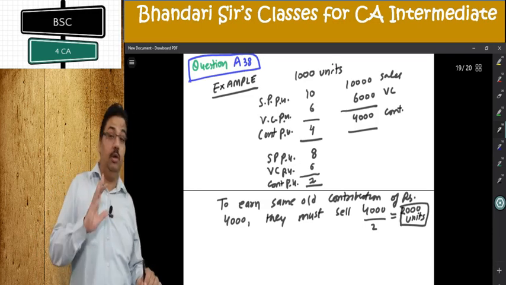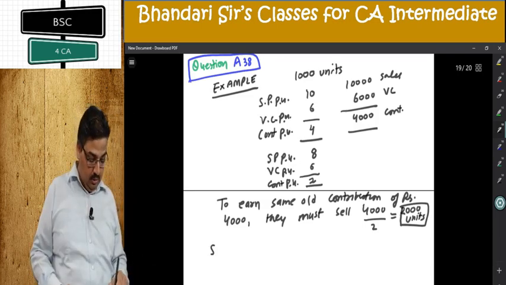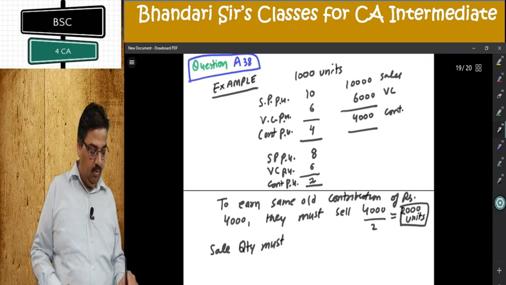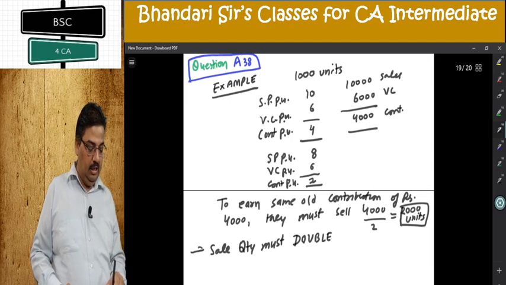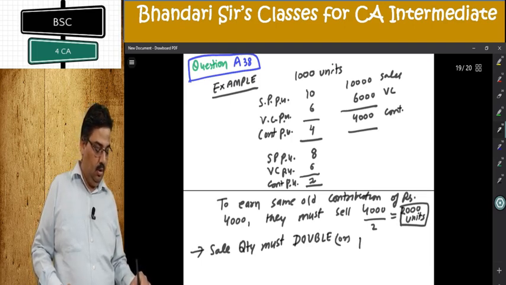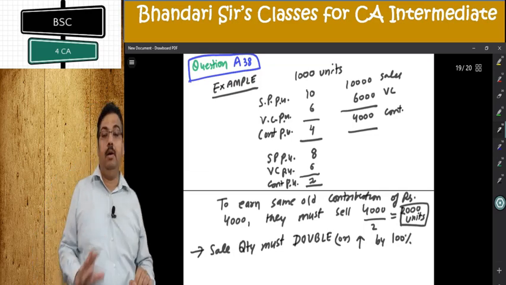Earlier it was 1,000 units, now it is 2,000 units. Sale quantity must double, or I can say increase by 100%. Only then can offsetting be done.